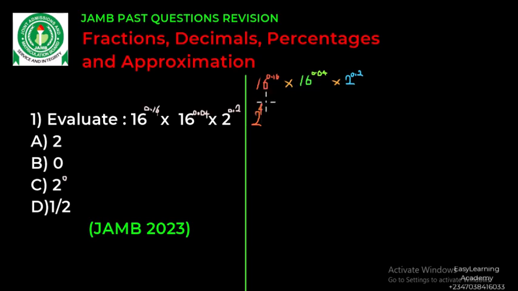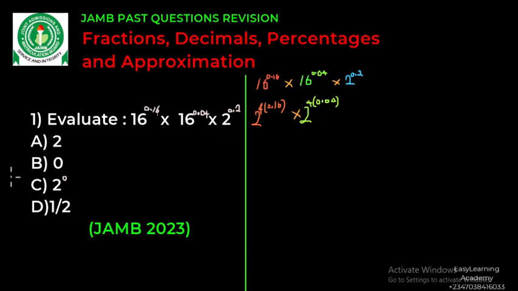Then the current power that was there, 0.16. So the next thing, for that of 16, will be 2 raised to power 4, and then the current power 0.04 will still remain, and then we close the bracket.